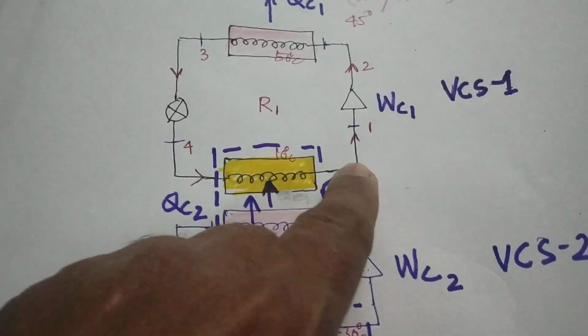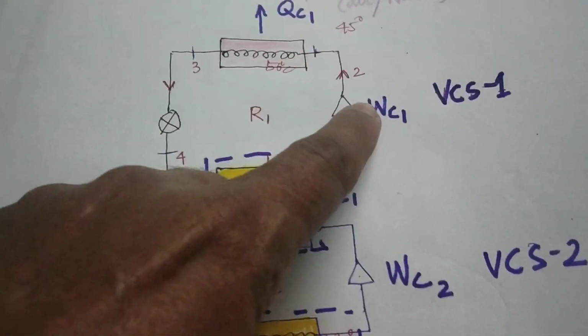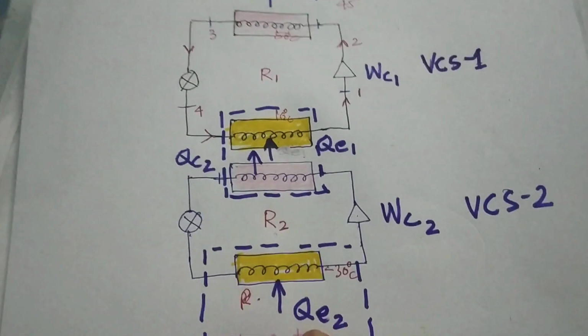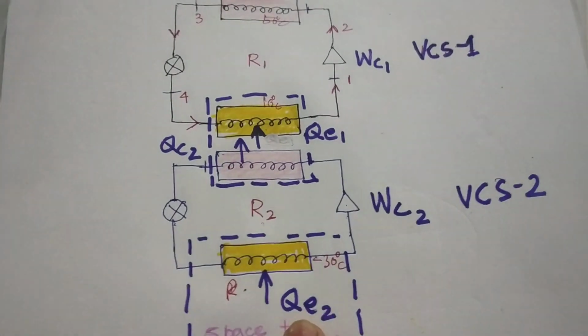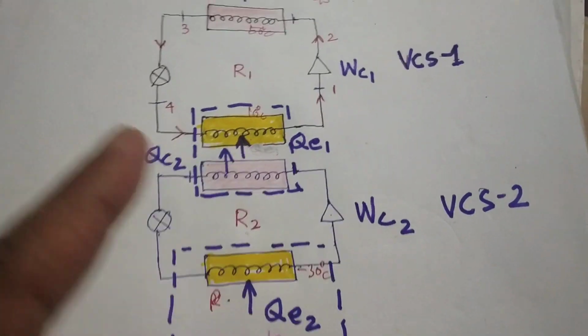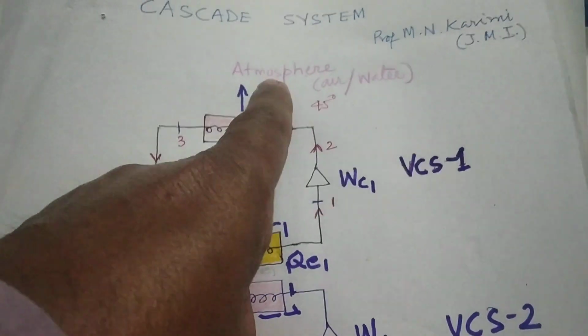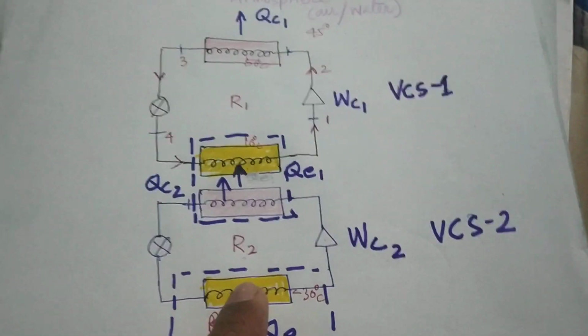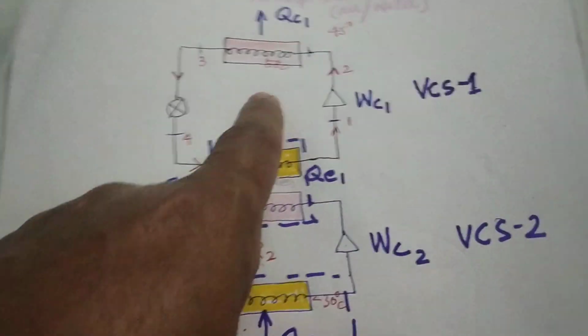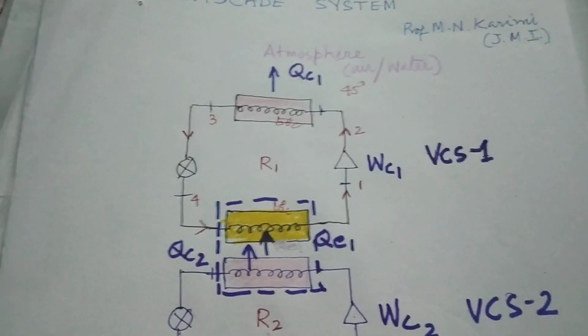When it is absorbed, it is getting rejected, apart from the energy taken from the compressor work, to the atmosphere. So heat absorbed at QE2, evaporator number 2, is finally getting rejected to the atmosphere.